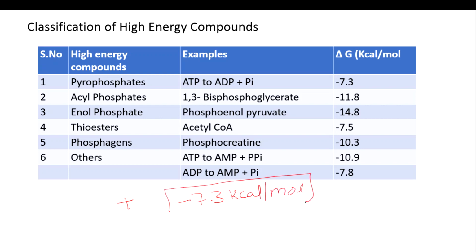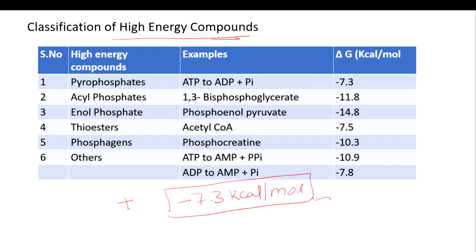If any compound can yield 7.3 kilocalories per mole, that compound can be categorized under high energy compounds. So if it is 7.3, that is also considered a high energy molecule. If it is more than 7.3, it can also be considered a high energy compound.